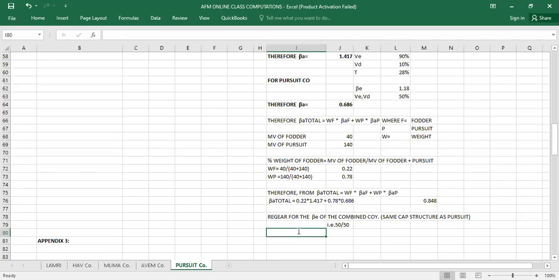Regearing now, our regearing will be our beta equity. So we're making beta equity the subject of the formula now.